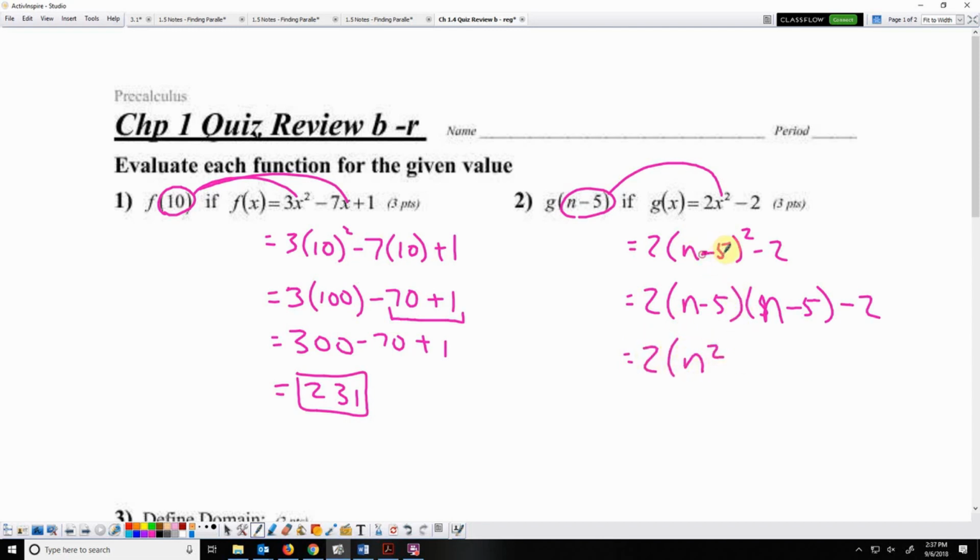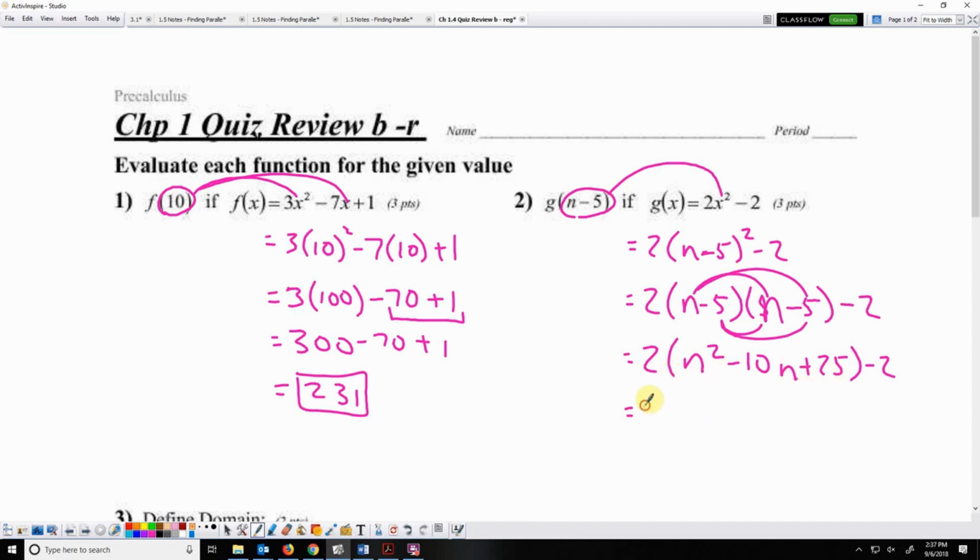Double the product, negative 5 times n is negative 5n, double that is negative 10n. And then the last term squared is plus 25. Or we could distribute: n squared, minus 5n minus 5n makes minus 10n, and then plus 25.